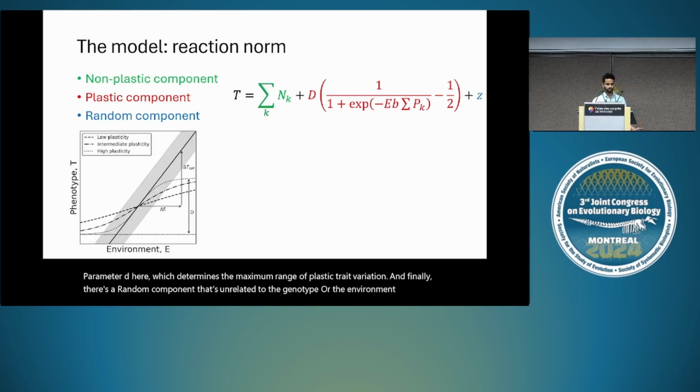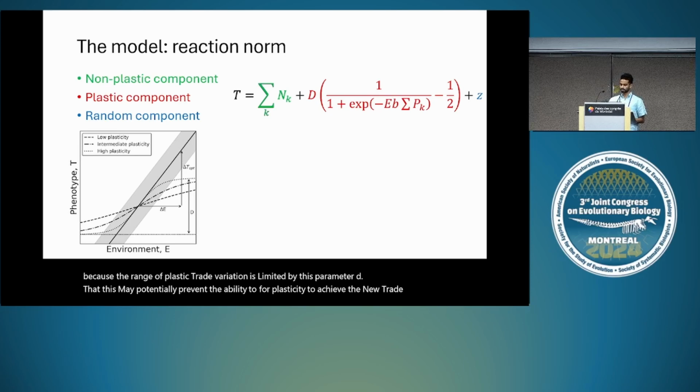So when they're subjected to an environmental change, the populations will evolve to increase plasticity expression, so it'll go from that flat reaction norm to the sigmoidal curves we see here. However, because the range of plastic trait variation is limited by this parameter D, this may potentially prevent the ability for plasticity to achieve the new trait optimum.